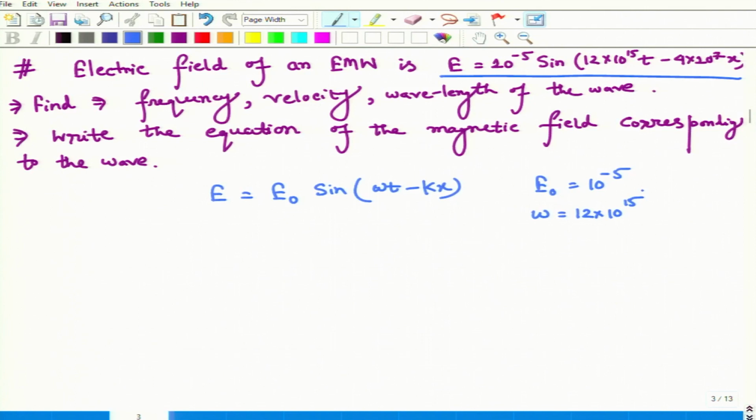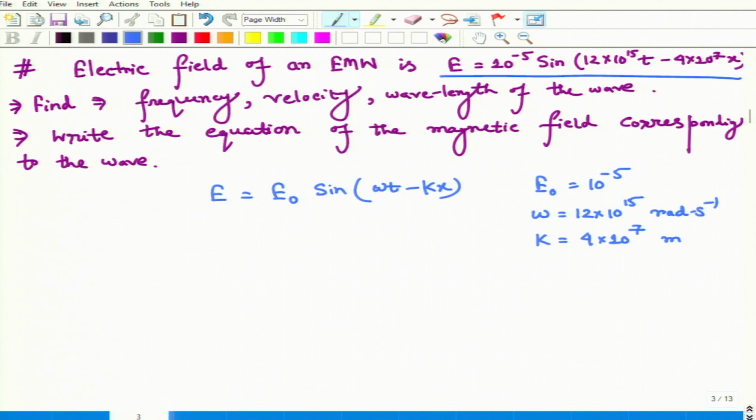And if we again compare, k, the wave vector, is 4 into 10 to the power 7. The unit of omega is radian per second, and this is the wave vector. k is 2 pi by lambda, so its unit is per meter. Everything is in SI units, as also given in the question.